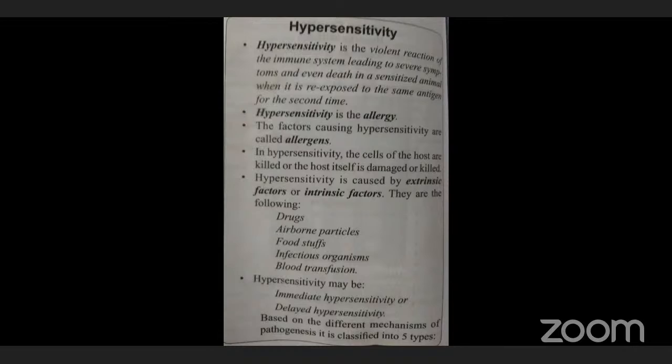In a normal protective immune response, antigens, bacteria, and viruses are killed or neutralized. But in hypersensitivity, the host's own cells are killed, or the host itself is damaged. Hypersensitivity is a changed reactivity of the immune system.